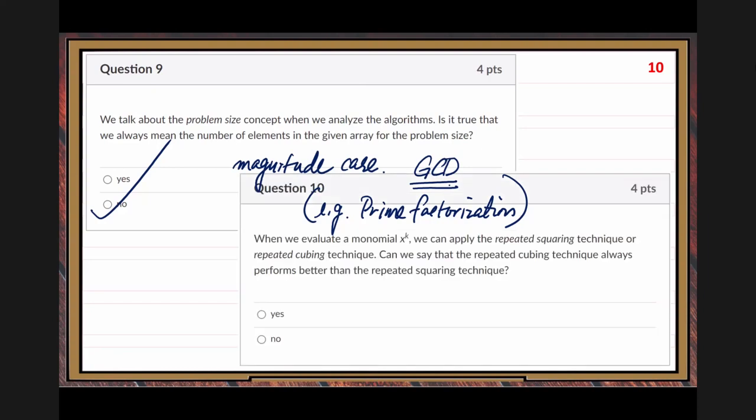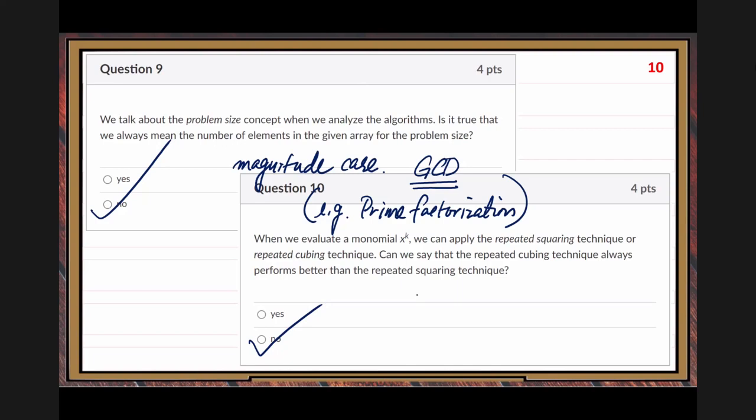Last question, repeated cubing. Can we say that the repeated cubing technique always performs better than repeated squaring? We cannot say always better. Why? The answer actually is very easy. You consider the structure.